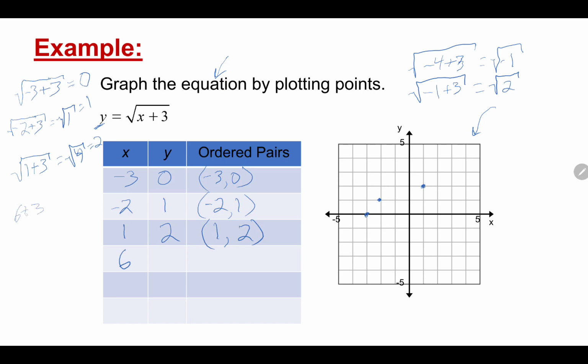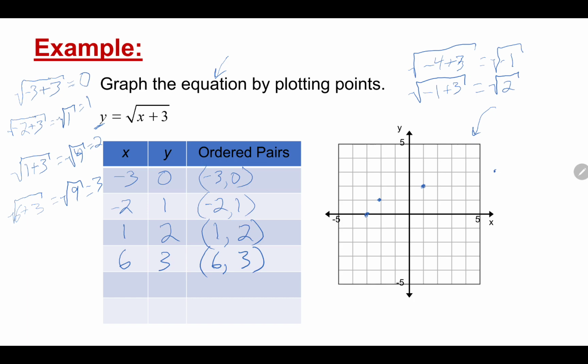The square root of 6 plus 3 is equal to the square root of 9, which is equal to 3. So we have the point (6, 3). Just outside here, I would be up here.